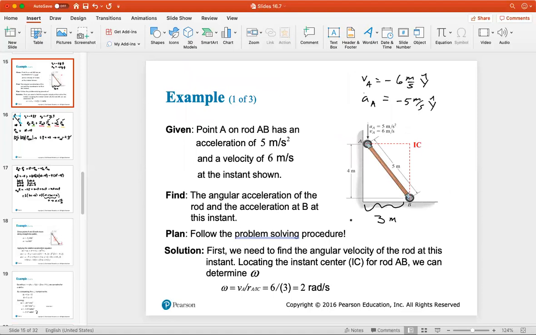Well, if you think about it, it's going to swing down, right? We all know that. So we know omega will be positive. However, when it lands, it kind of rotates. Imagine it started from rest.